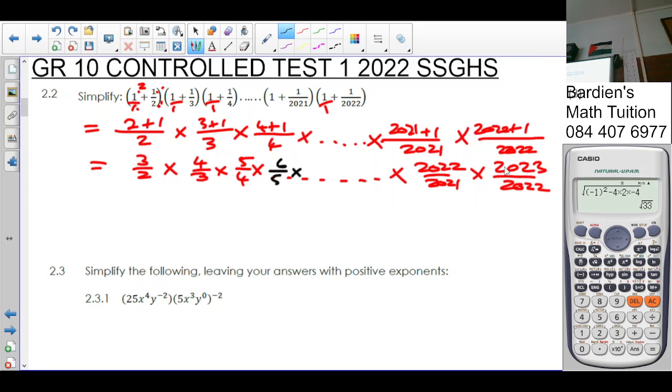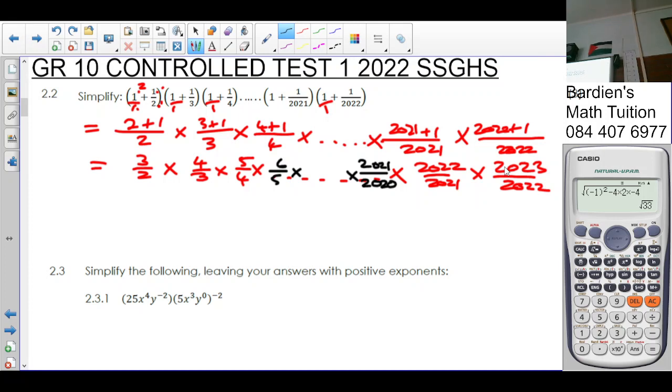Then what would the term prior to this be? 2021 over 2020, then 2020 over 2019, and so on. You guys understand?